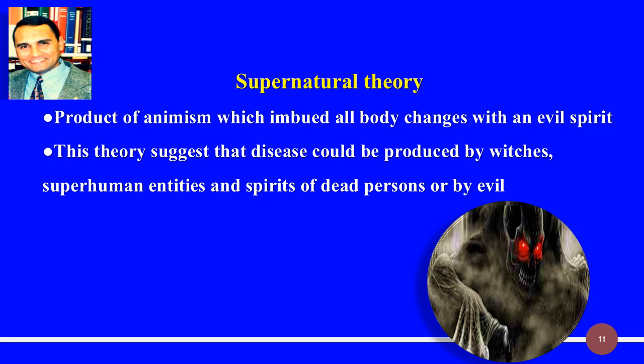During the 19th century, there was also the supernatural theory, a product of animism, which imbued all body changes with an evil spirit. This theory suggests that disease could be produced by witches, superhuman entities, spirits of dead persons, or by evil.